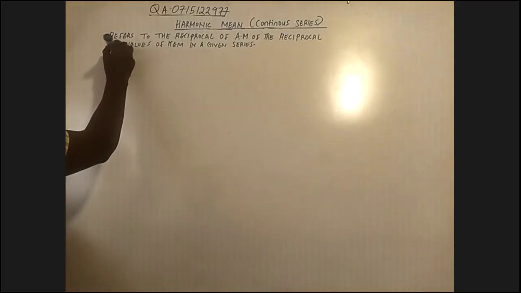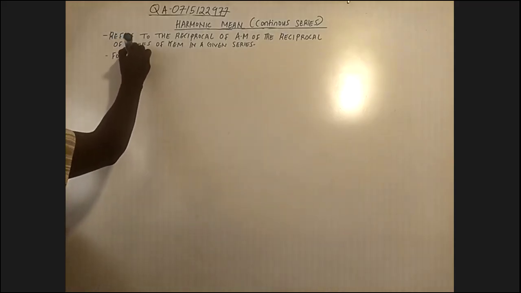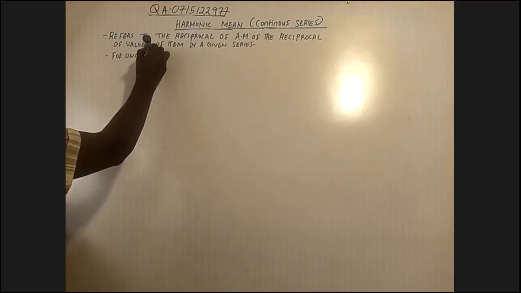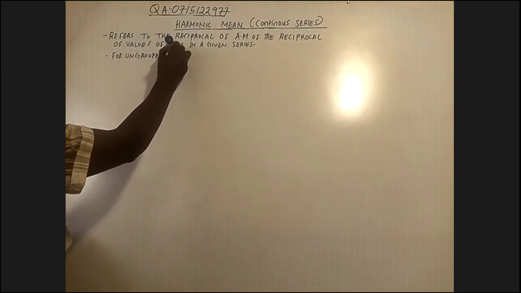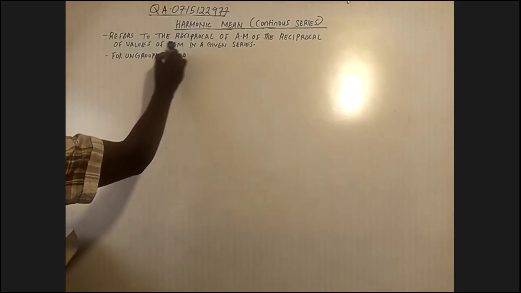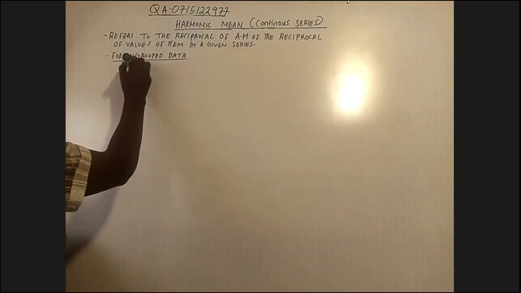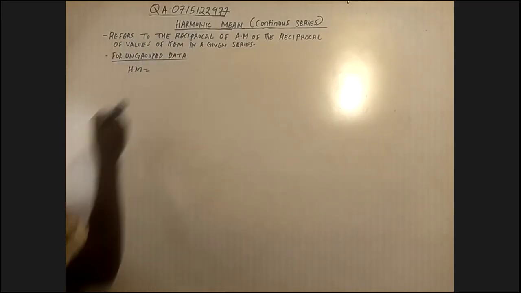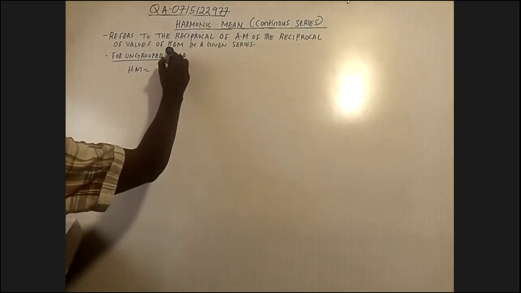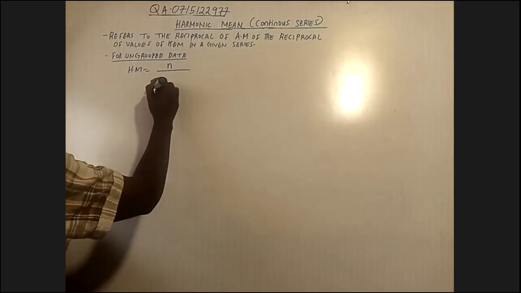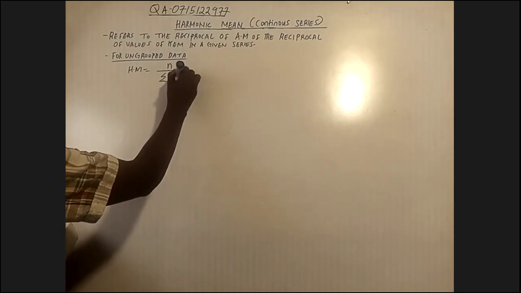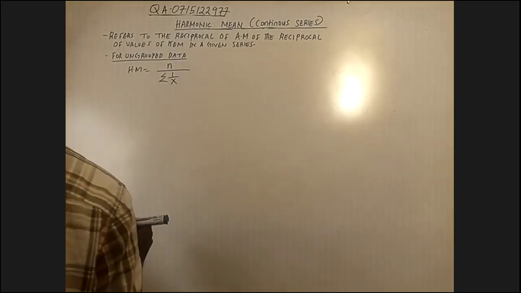For ungrouped data, HM harmonic mean is equal to n over summation of 1 over x.